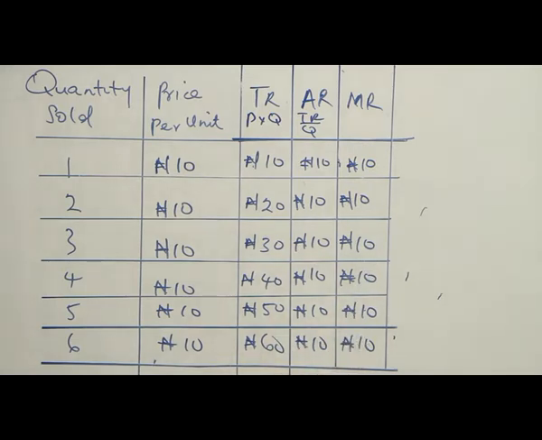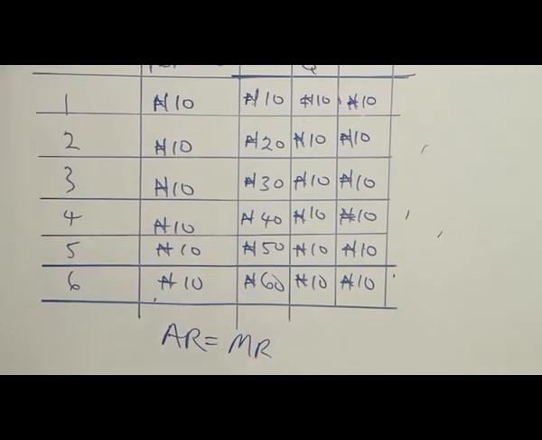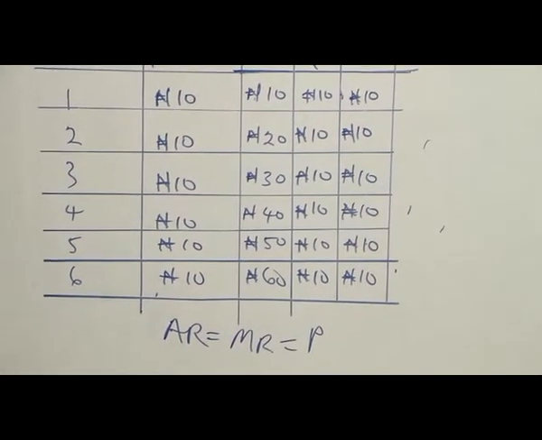What we are trying to understand here is that under perfect market, the average revenue of the market is equal to marginal revenue of the market, which is equal to price per unit of the market.